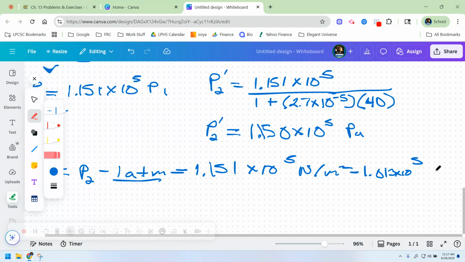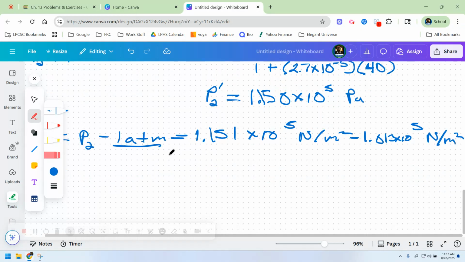Sometimes it's weird. The textbook writes it as pascals, but it's newtons per meter squared. It's force divided by cross-sectional area, which is pressure. So that's where we get our number from.